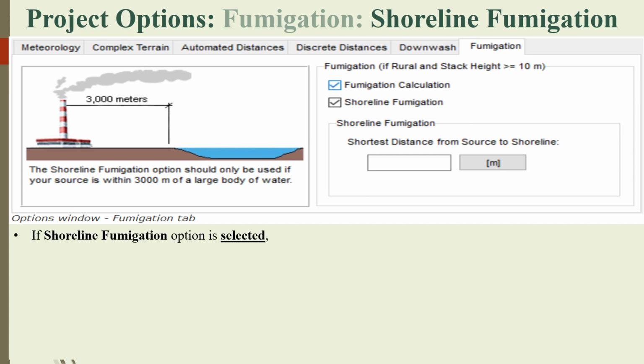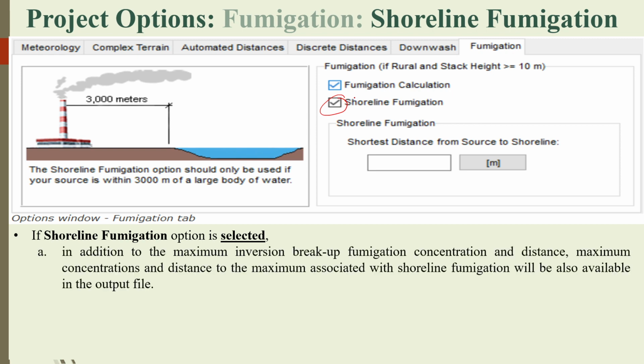So if the shoreline fumigation option is selected here, in addition to the maximum inversion breakup fumigation concentration and distance, the maximum concentration and distance to the maximum associated with shoreline fumigation will also be available in the output file.